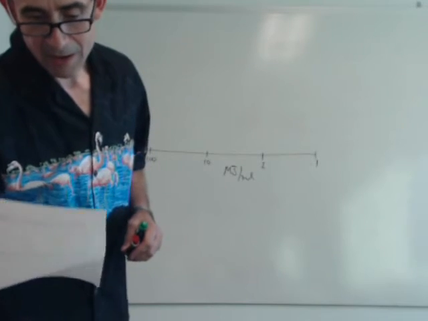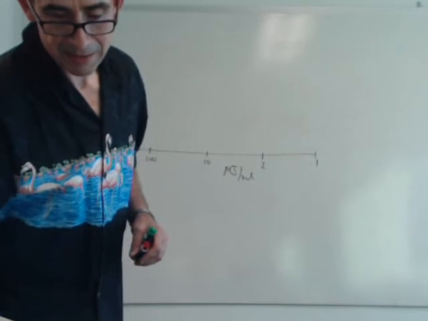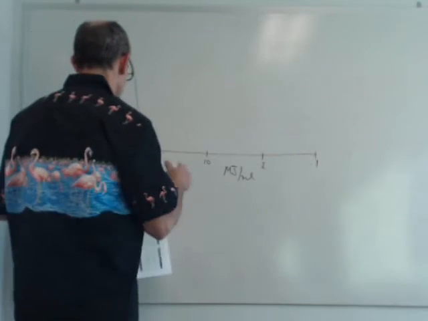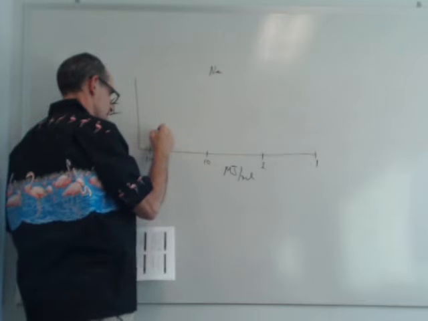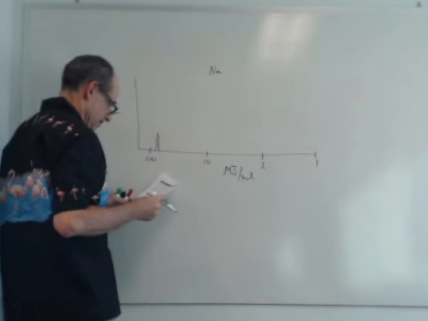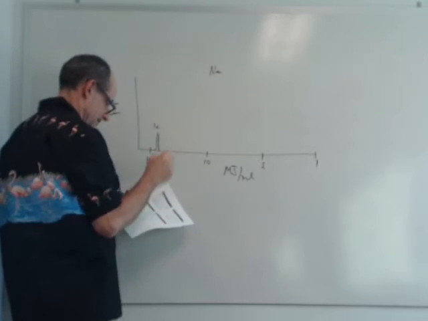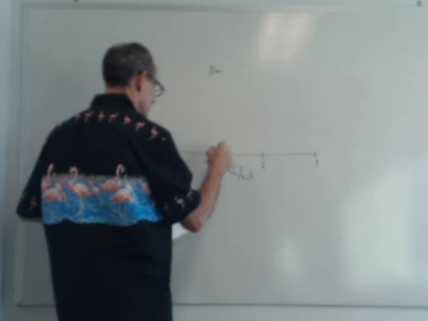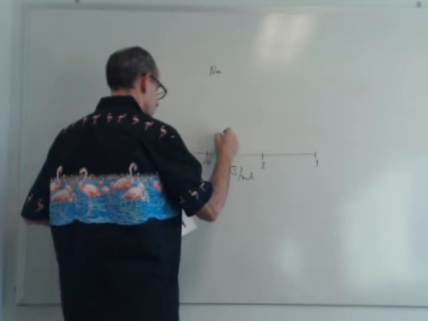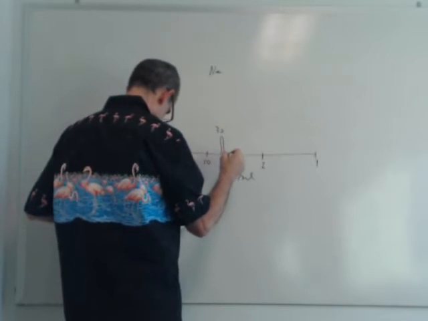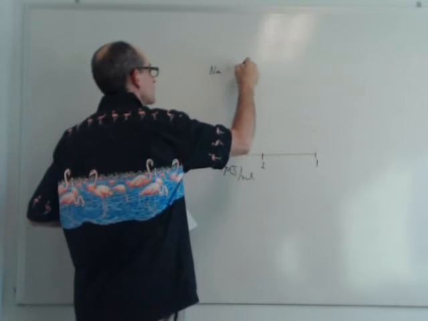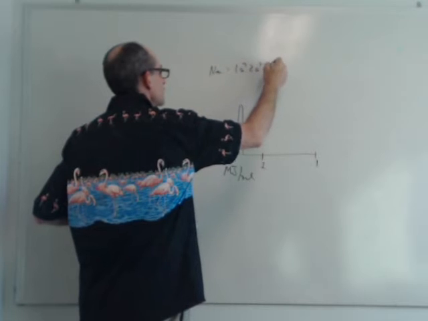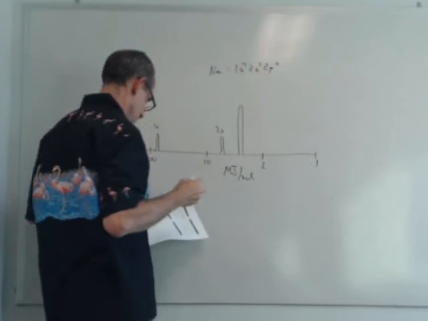So our peak for neon, we've got a peak right here. That's my 1s peak again. Peak for 2s electrons right here, and then a peak for the 2p electrons, 1s2, 2s2, 2p6.